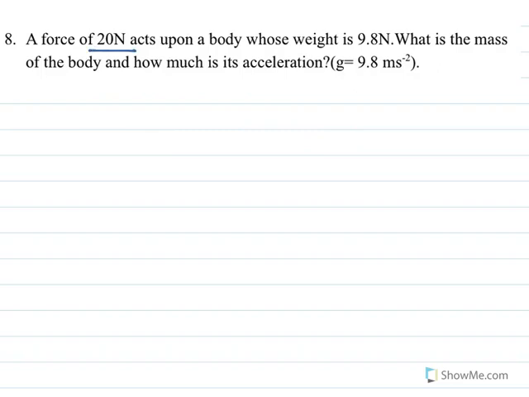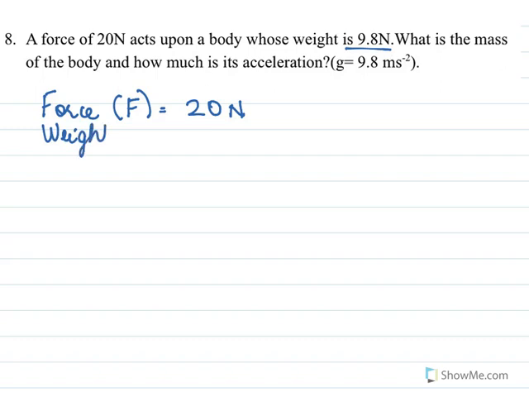A force of 20 newtons acts on a body. So we have force, which we denote as F, equal to 20 newtons, whose weight is 9.8 newtons. So the weight of this object, which we denote as W, is 9.8 newtons. To start the sum, let us find the mass of this object.